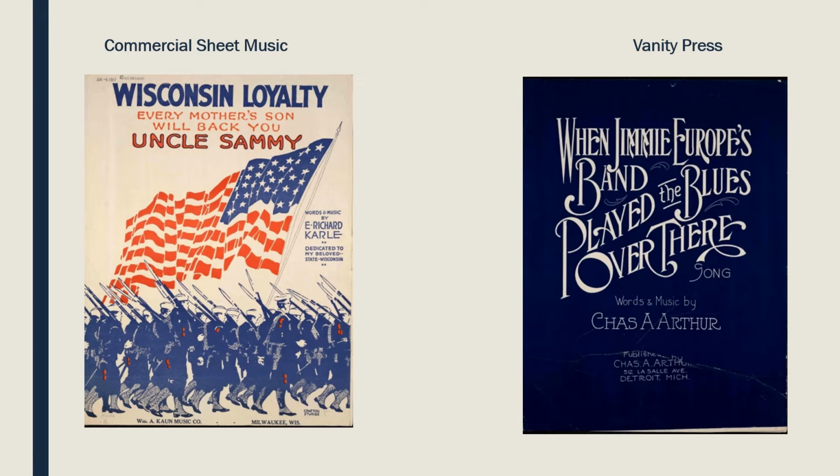So we're going to take a step back, and I'm going to give you a brief look at the history of sheet music and give you a little bit of contextual information. There are two categories that are presented in my collection, and they're related to publication. As you see on the left, you're going to have commercial sheet music, which is quite obviously music that was created by a music company.